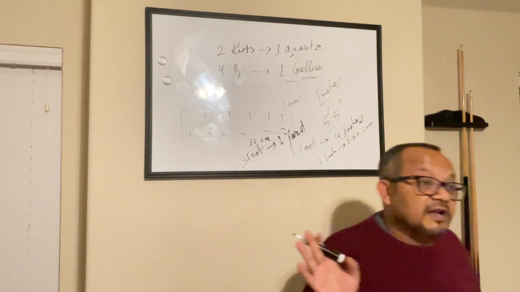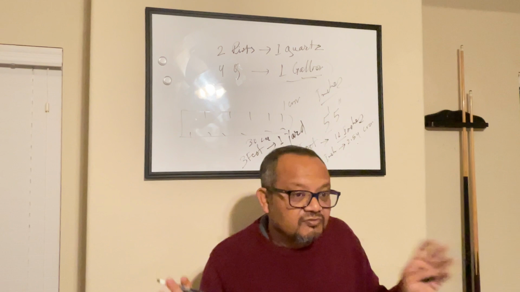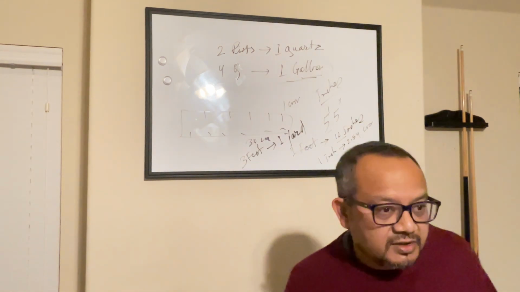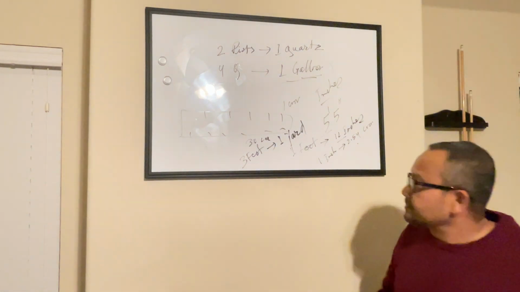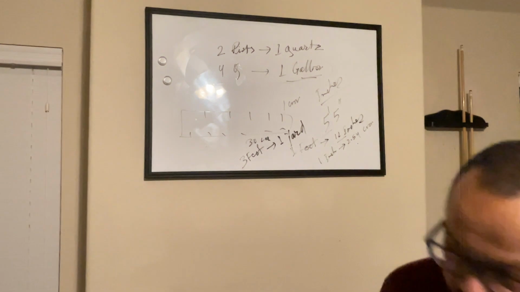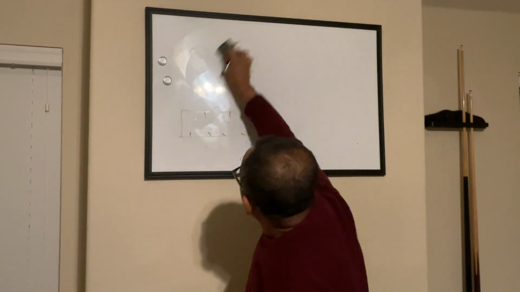So 1/4 of a gallon is a quart. Sounds analogous to quarter, right? 1/4 of a gallon is a quart, and half of a quart is a pint. Okay, that's all about the conversion. And then some of the basic things that you would have learned before.